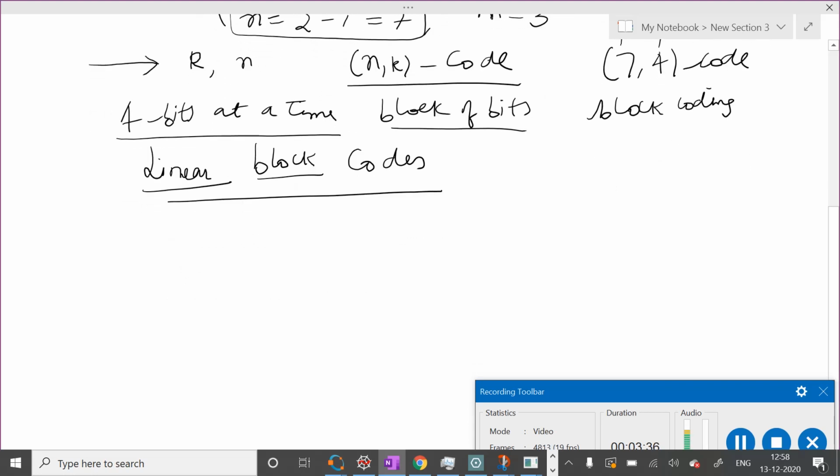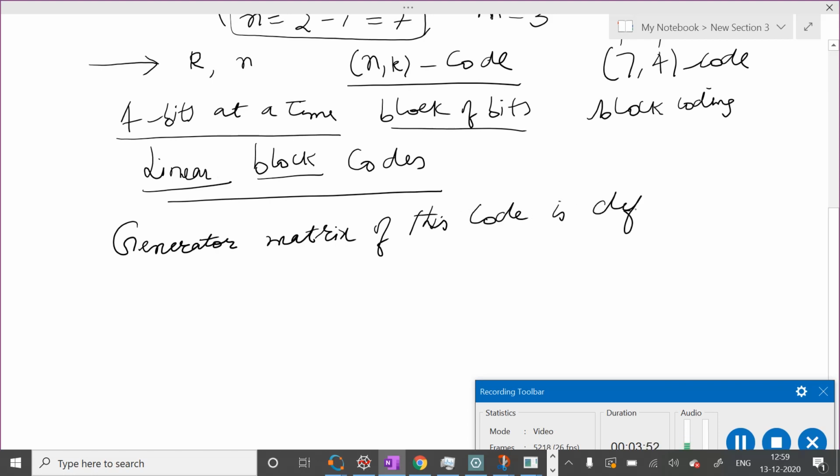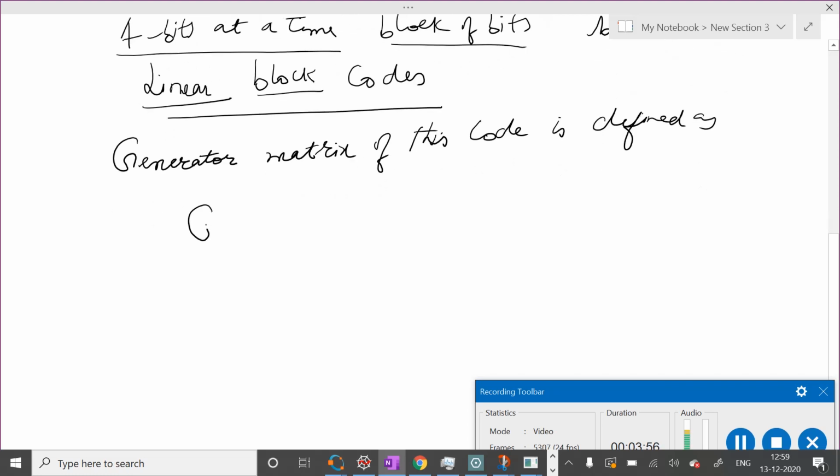And the generator matrix of this code is defined as, see, just try to understand, it has a structure [P I_k]. What is the significance of P?